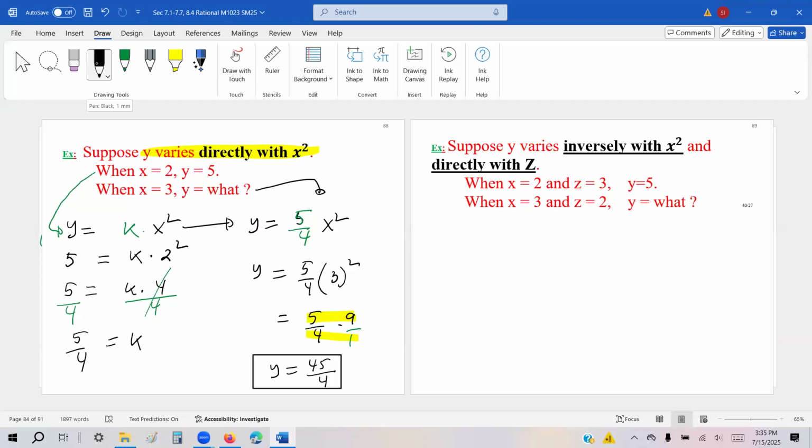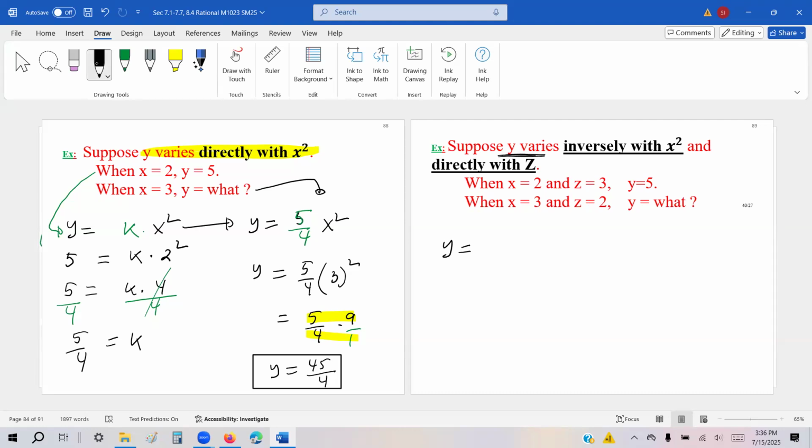Y, z, and x. Your sentence started with what variable? That variable should be on one side. Here our sentence started with Y. Y is changing. So Y equals. The other two variables are x squared and z.